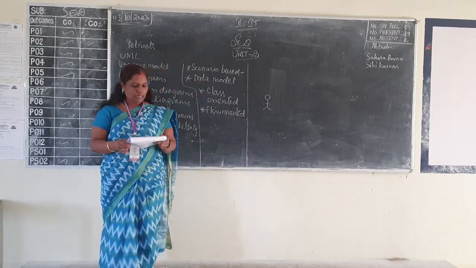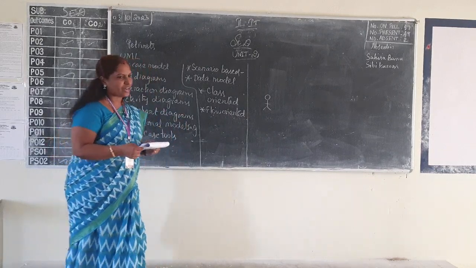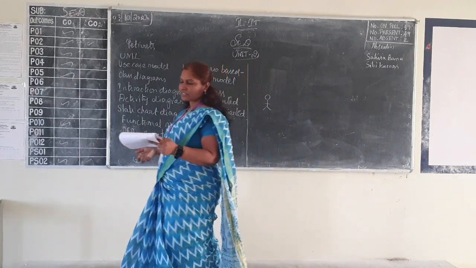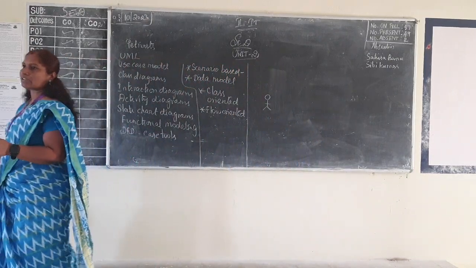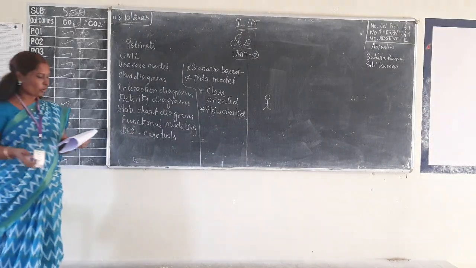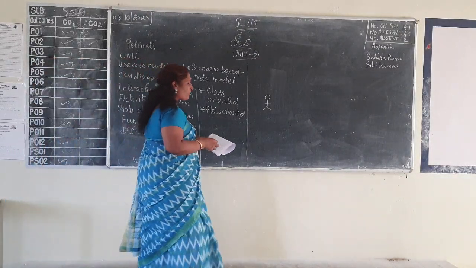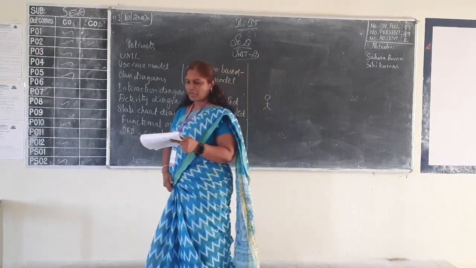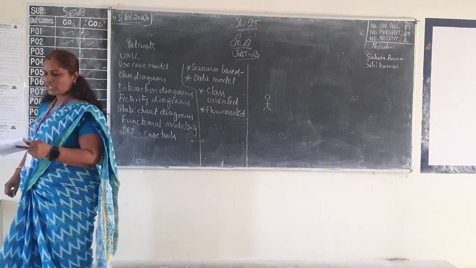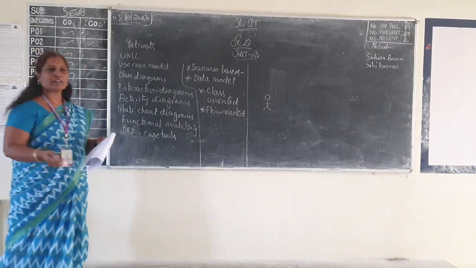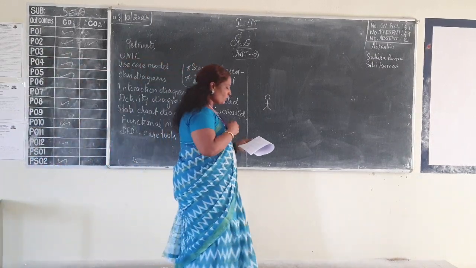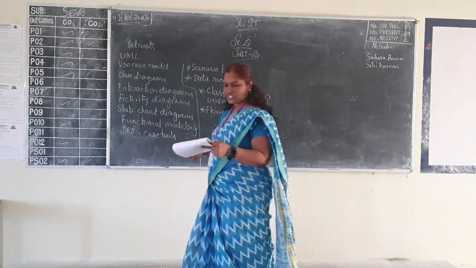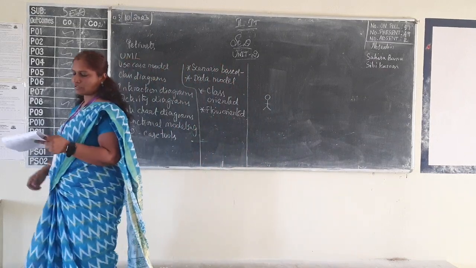The next is class oriented model. Take down. Class oriented model represents object oriented classes, within bracket attributes and operations, and the manner in which the classes collaborate to achieve system requirements.